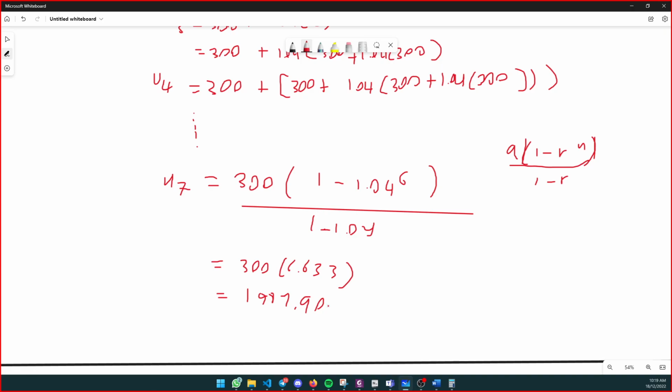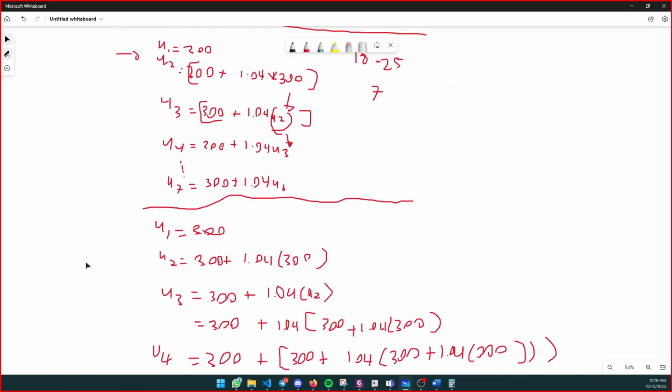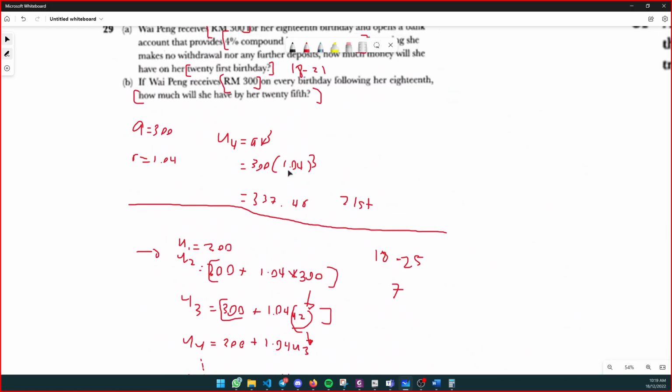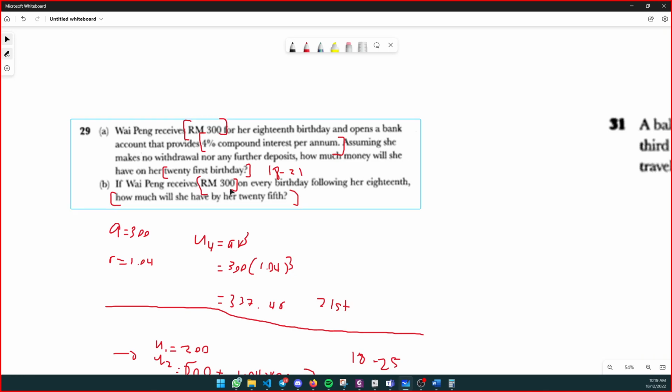Correct. Okay, so just to recap, the first question basically says that if she only receives money one time. But after that, what they're trying to say is, what if she receives 300 every time, and every time she receives 300, she puts all of the money inside as well.